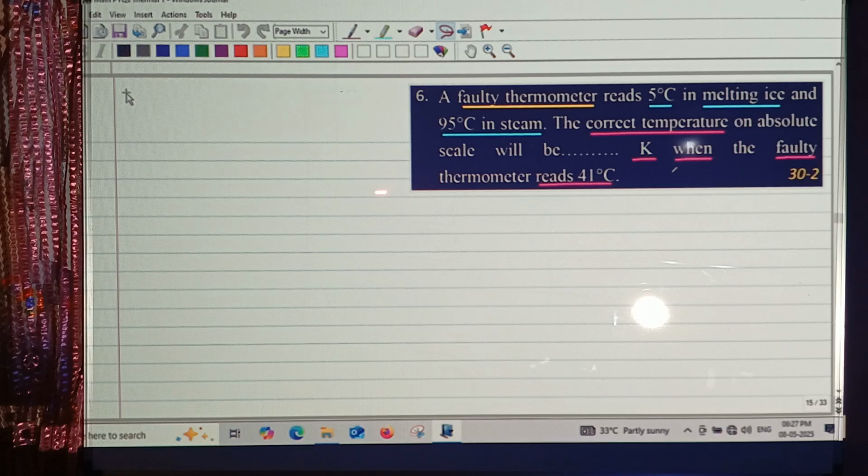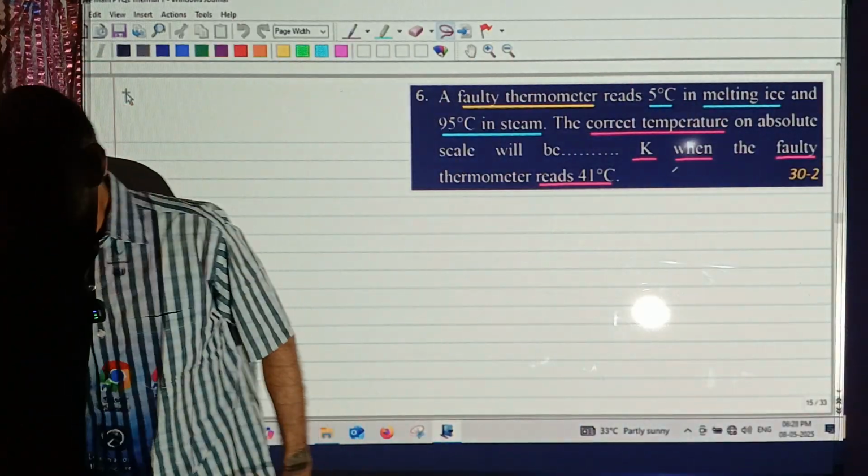Again, here we are relating two temperature scales. One is the correct temperature and the other is the faulty thermometer. You can pause and try this question. So this is similar to the previous question.